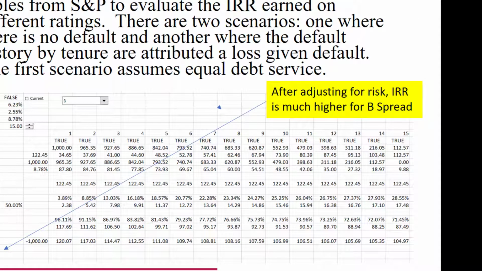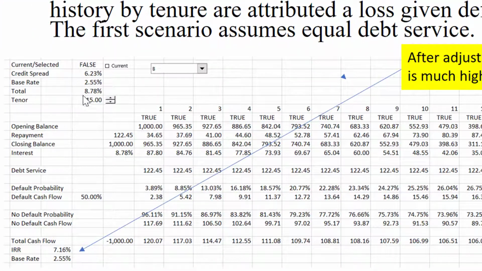And if we were a single B, and in this year or period, the credit spread was 6%. The base rate for a 15-year bond was 2%, so our total rate was 8%. But then we would have some defaults, so our IRR, after we risk adjust it, and the way we risk adjust it is taking our total debt service that I made flat, and then you put in this default probability from the Standard & Poor's, and then you put in a loss given default too.